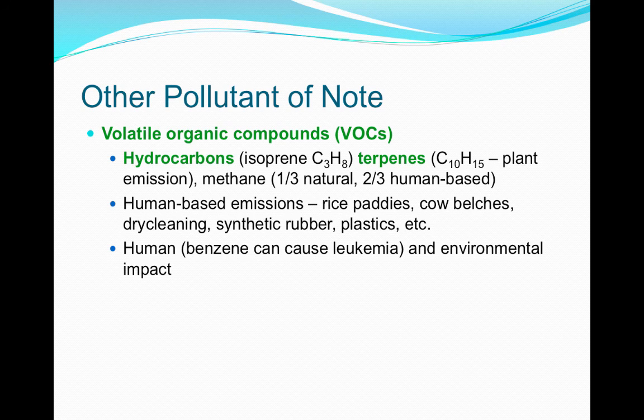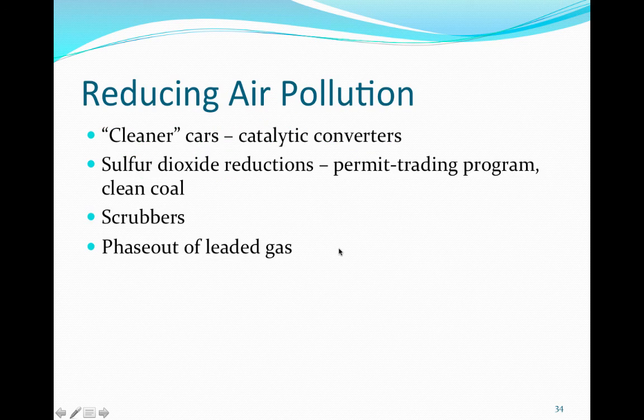Think about those smells. The reason you can smell them so strongly is because they're volatile and they're organic. They're irritating on their own, but their problem is they're part of the process that creates that tropospheric ozone. And do realize that things like benzene can lead to leukemia.